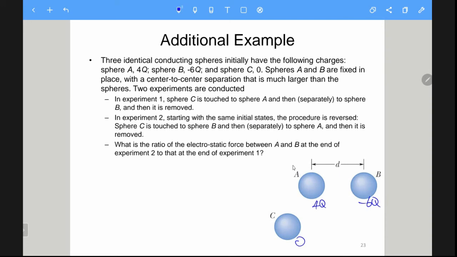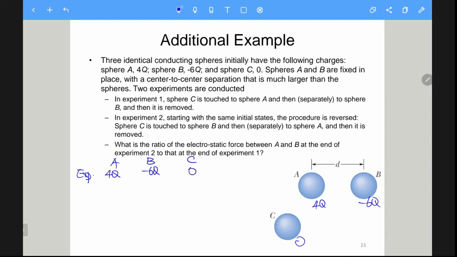This is not difficult. At the very beginning, spheres A, B, and C have 4Q, minus 6Q, and 0 charges.